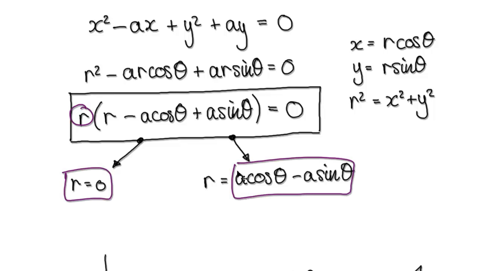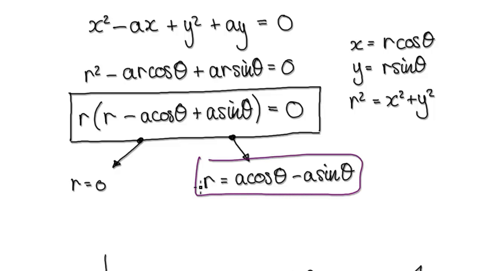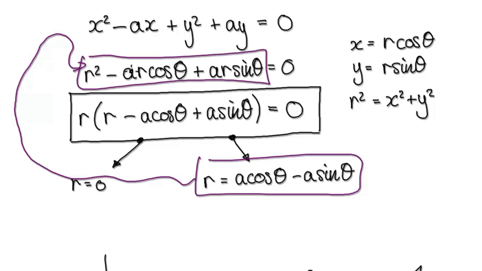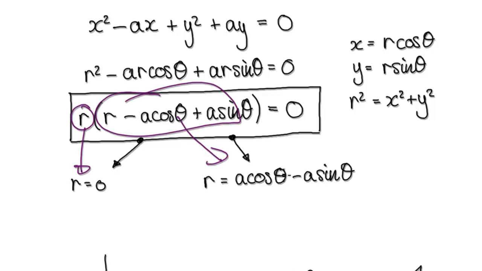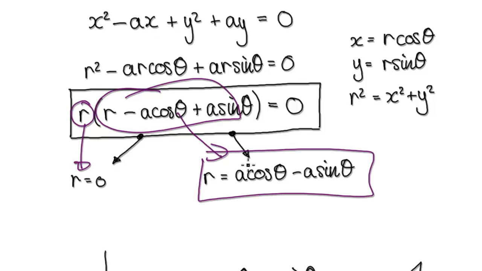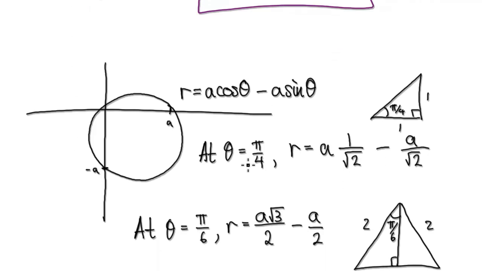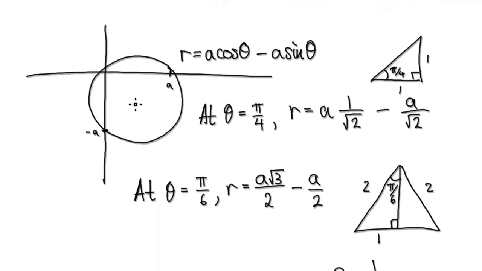Whenever you make r equal to this thing, you are in effect demanding this, and you will automatically draw the circle. The point is that if this is equal to 0 or this is equal to 0, then you're going to draw yourself that circle. So in polar form, this circle here is given by this.